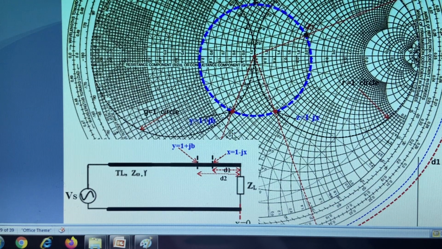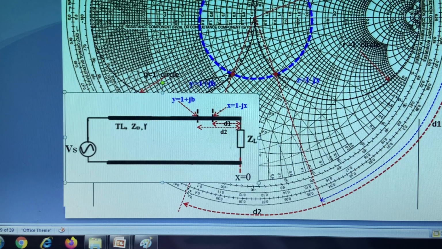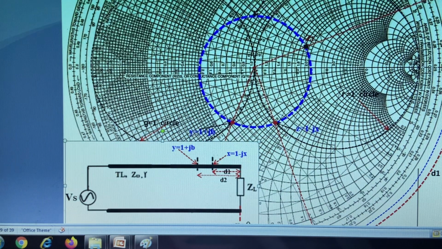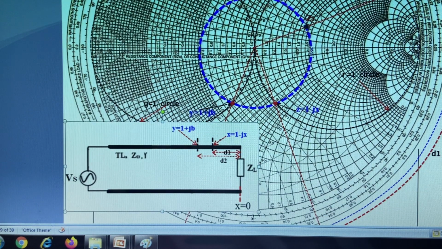To obtain that, you draw a line passing through this point. This is the line I have drawn here. Measure the distance from here, read the distance value here, and read the distance value there. Take a difference of those two, and we will be getting the distance from here to here. So like that we can find out d2, the distance at which the admittance is of the 1 plus jb form.